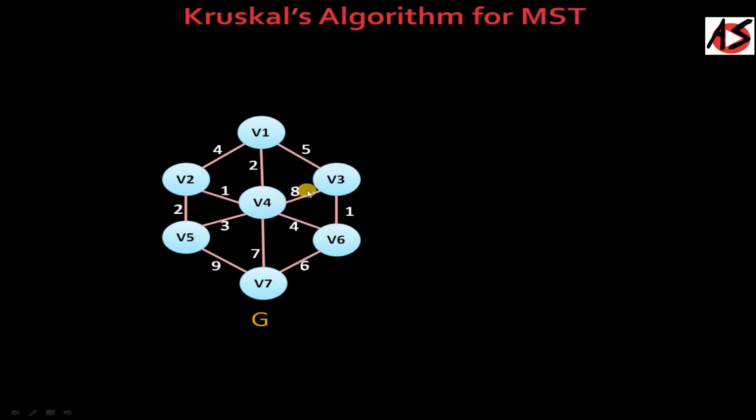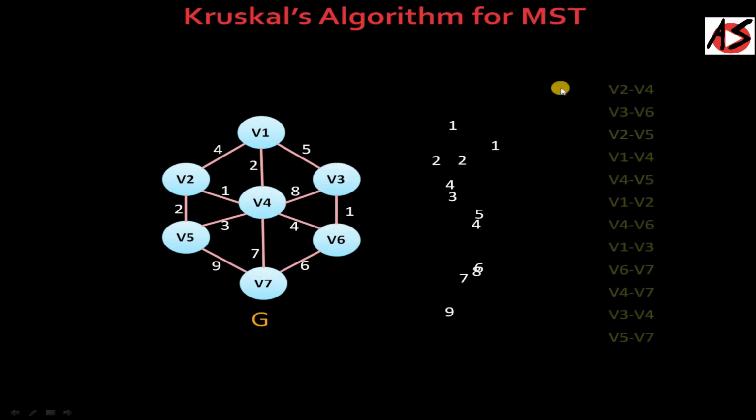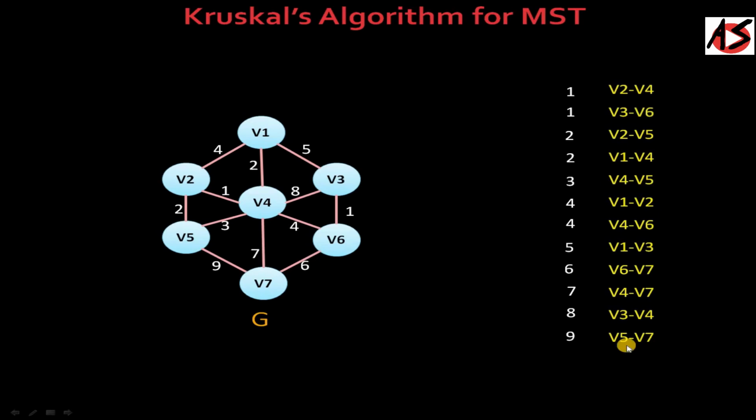So here what we will do first: to find the minimum spanning tree of this graph, first we will sort all the edges by their weight. You can see here we have all the edges sorted and listed.